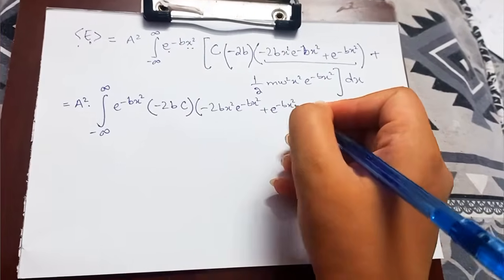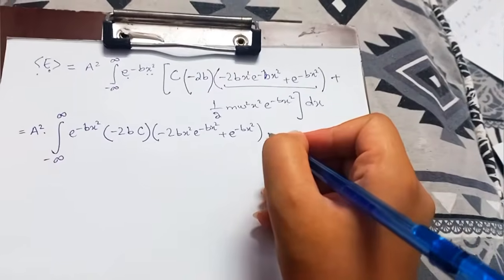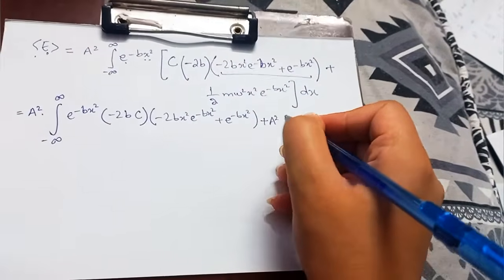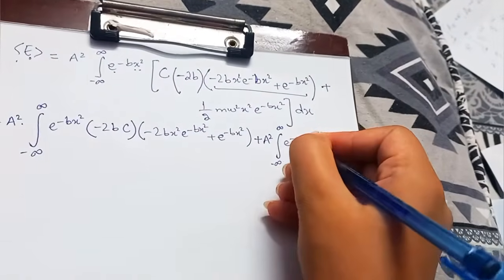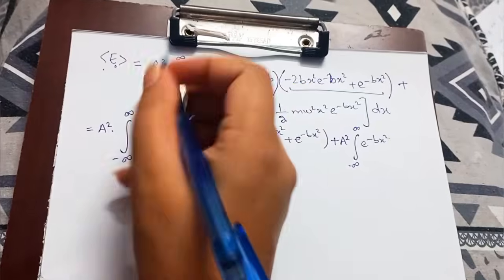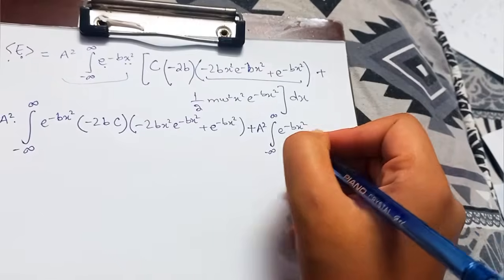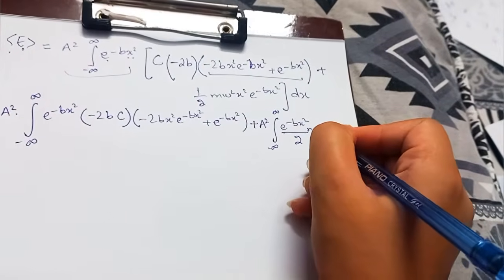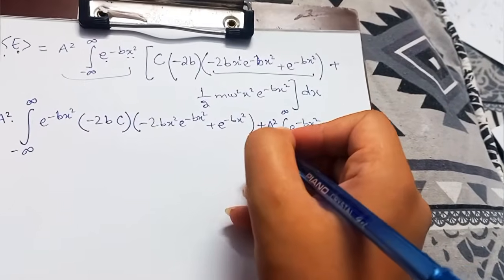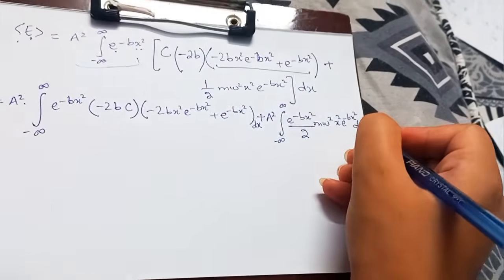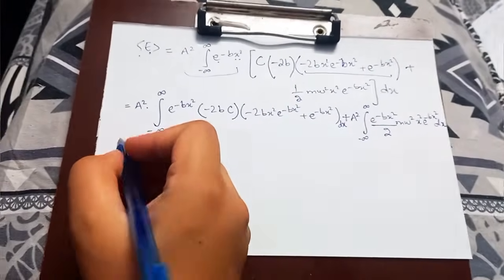We have to separate and simplify all of the integrations in order to insert the values of integration at the end. So before that, we have to convert it into a simplified form, and a squared, this term is common to both of these quantities, that is why I'm writing here again, and then we have this quantity which is 1/2 m omega squared x squared e to the power minus bx squared, and oh, it's dx here as well because we have separated the integrals, so dx will appear here and here separately.